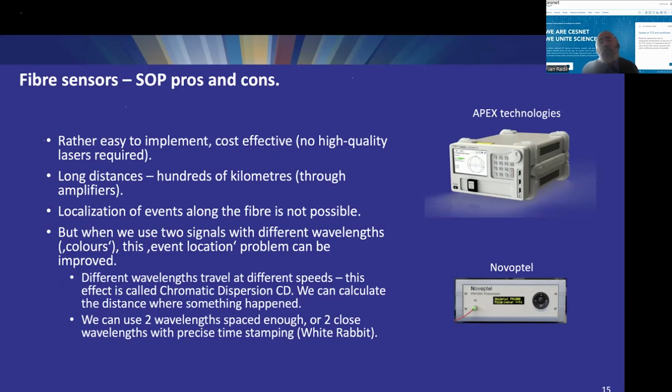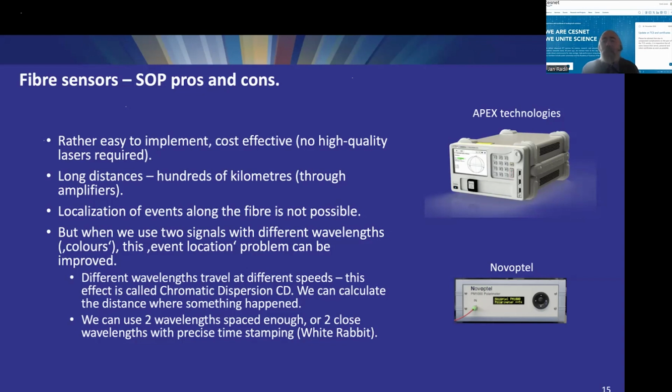Localization of events along the fiber is not possible in this basic setup. When we use two signals with different wavelengths or colors, this event location problem can be improved. Because different wavelengths travel at different speeds, it's just like a rainbow. This effect is called chromatic dispersion.